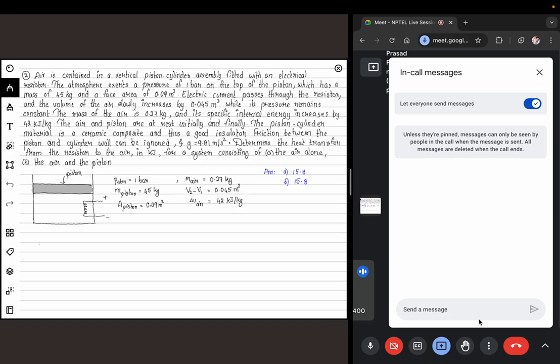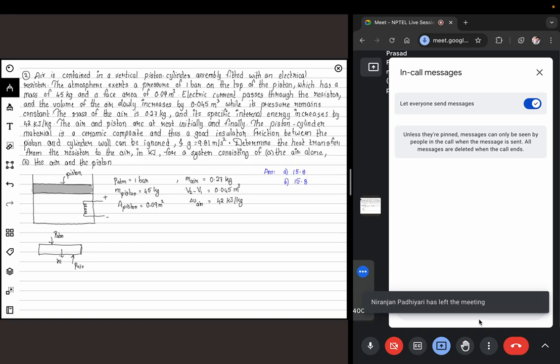If you consider the piston as your free body diagram, there is an atmospheric pressure acting from the top, then the weight of the piston acting downwards, and the air pressure acting upwards. If the piston is moving very slowly, you can consider that all of these forces are equal to each other. So essentially you will have the air pressure equal to atmospheric pressure plus the weight force divided by the piston area.